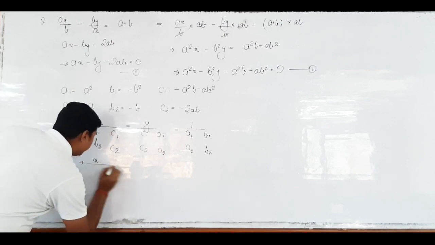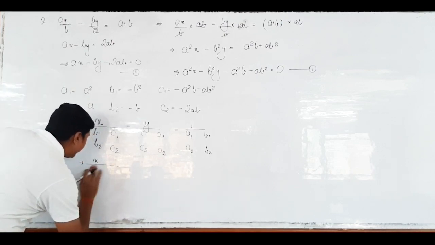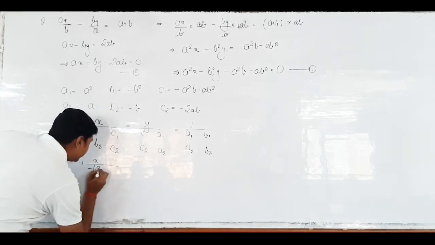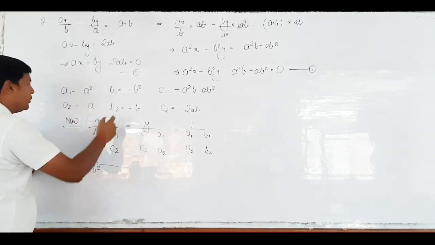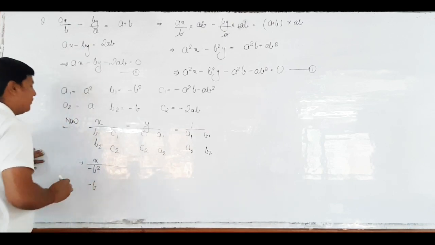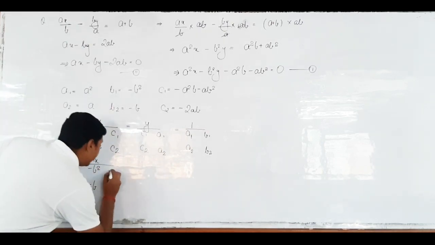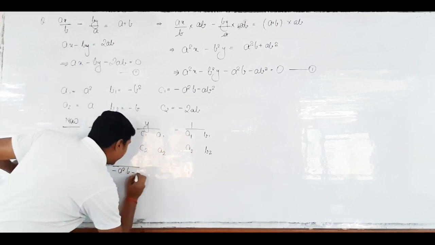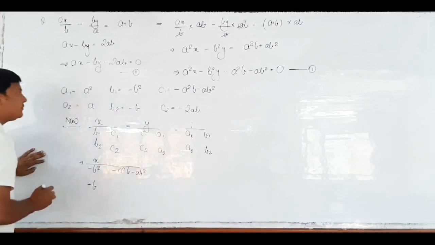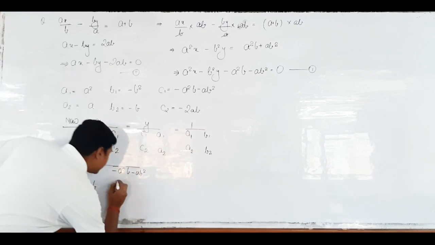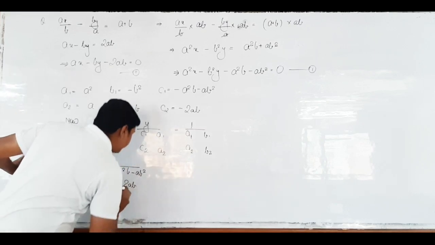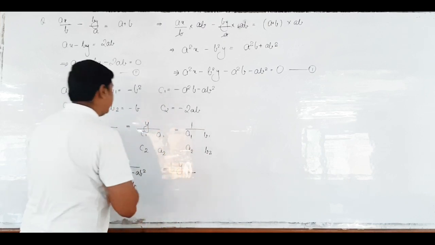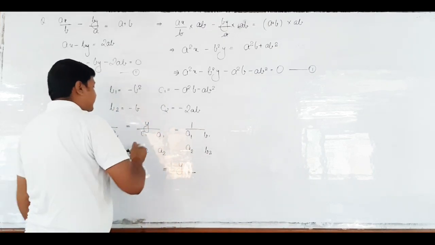So x by, we write the values now. So b1 is how much? B square. b2 is minus b. c1 is minus a square b minus ab square. c2 is minus 2ab. y by c1 c2.